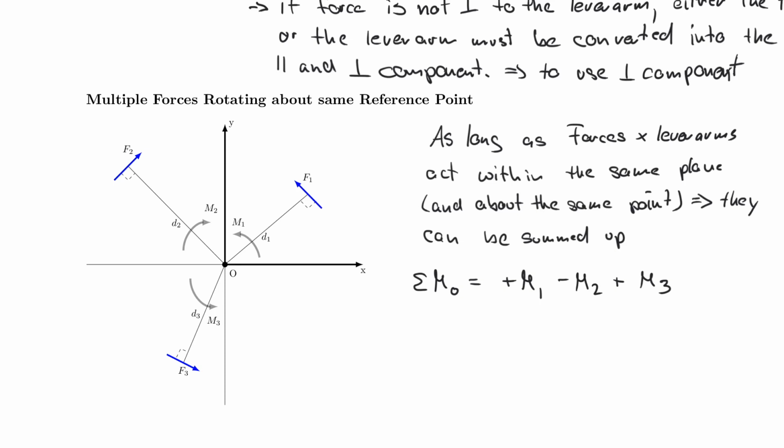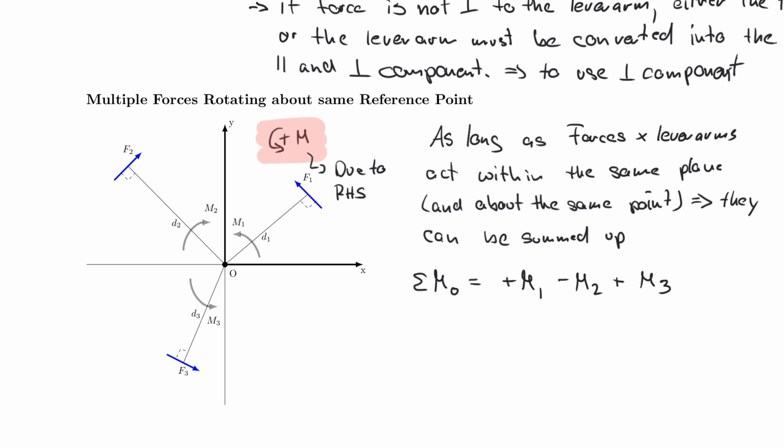And let's just say that moments are counterclockwise positive. That is something that we definitely need to highlight. This is something you need to understand. This is because of the right-handed coordinate system, right? So because of the right-handed coordinate system, we call moments positive if they are counterclockwise.